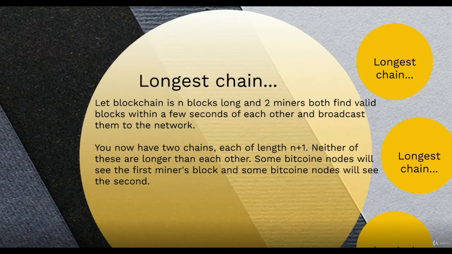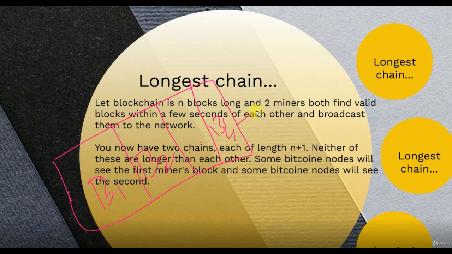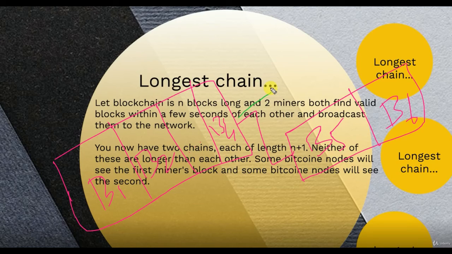So now our chain will be B1, B2 till B4, and then you will have B5, B6, and one more B5.